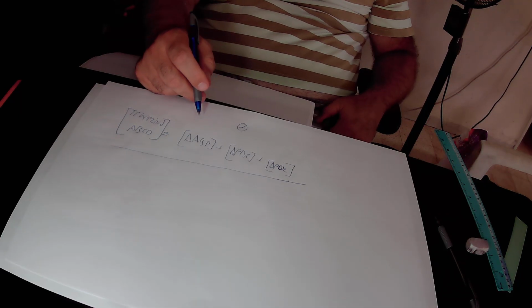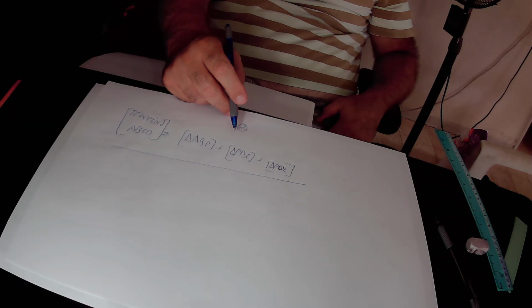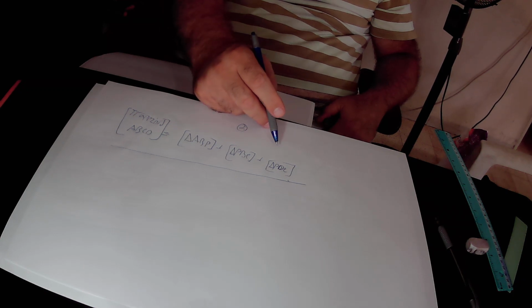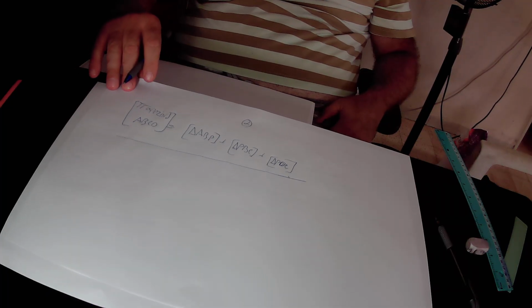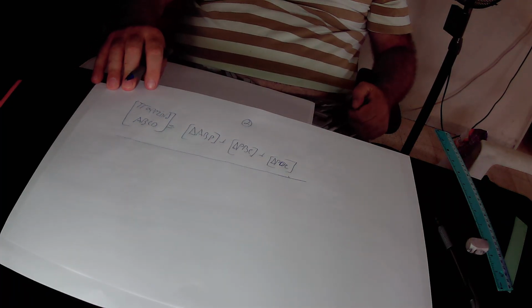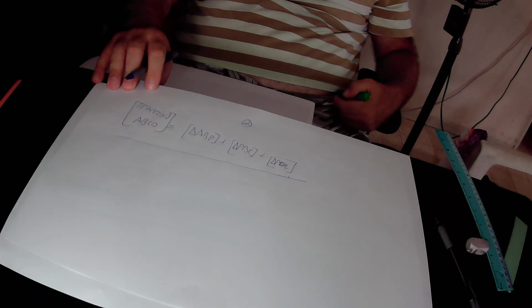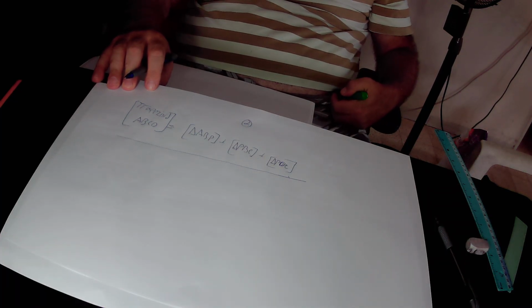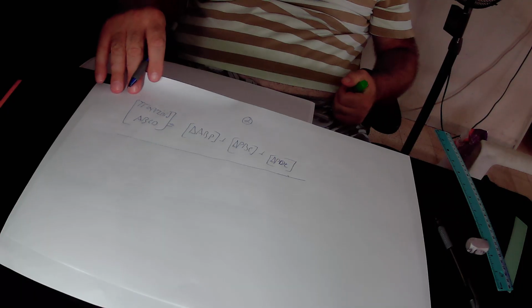The area of the first component is the area of the right triangle ABP, plus the area of the second component, the big right triangle PBC, plus the area of the third component, the right triangle PDC. So we find the area of each component separately, and then we add the three areas together, and the result will give us the area of trapezoid ABCD.